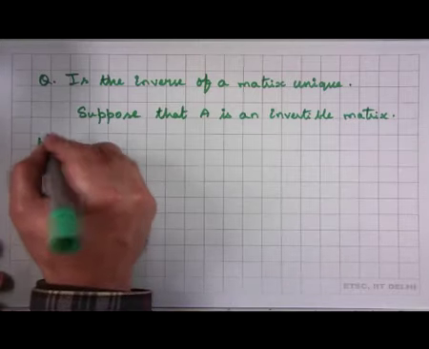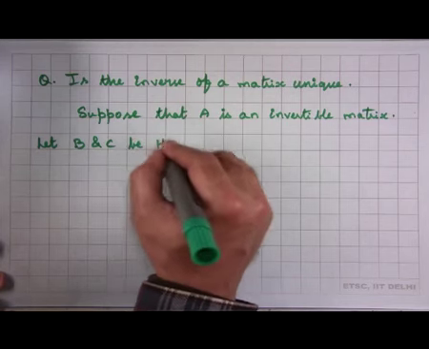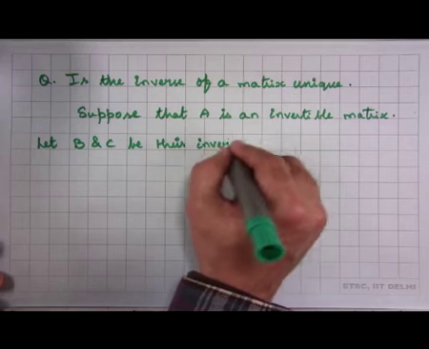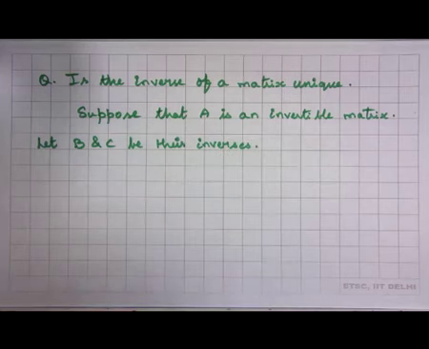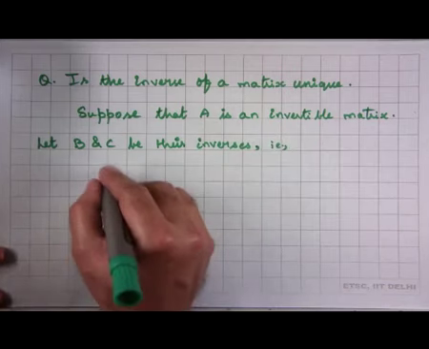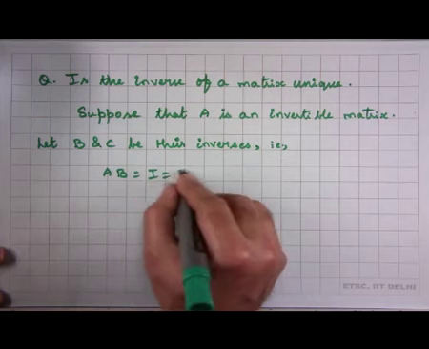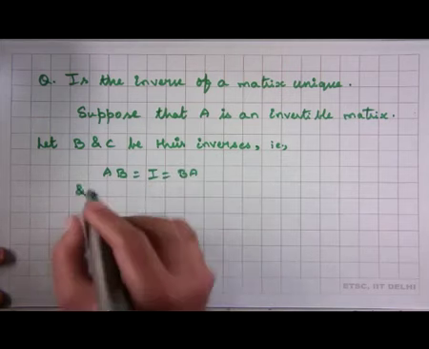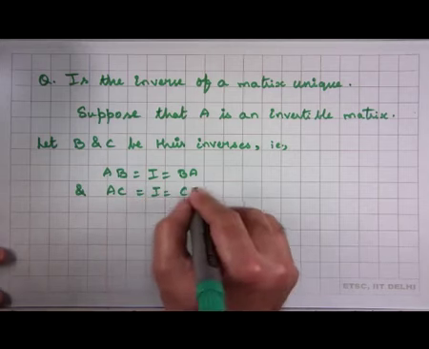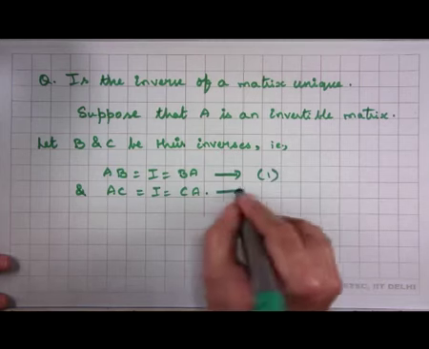Let B and C be its inverses. That is, AB equal to I equal to BA, and AC equal to I equal to CA. So, let me call the first one as 1 and the second one as 2.